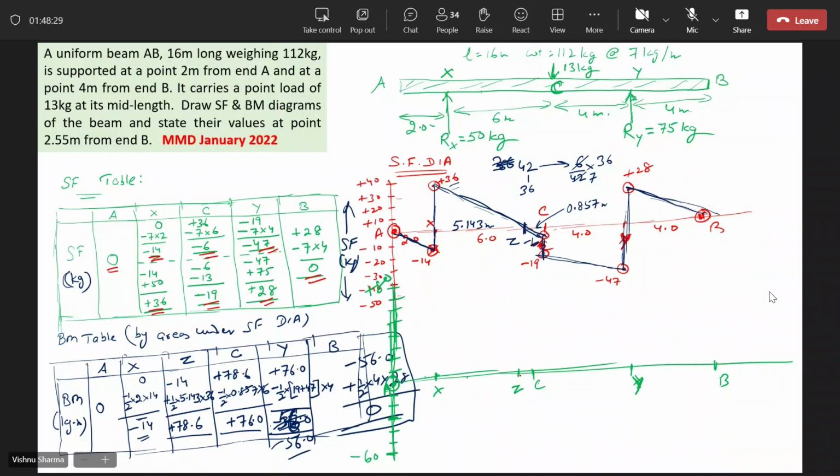You can plot the points and then we can join them together, no problem. Guys, once you've plotted the points, let me know, then we can join them together.